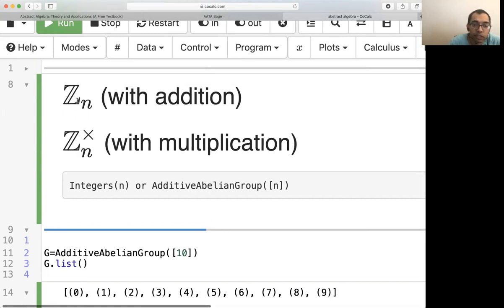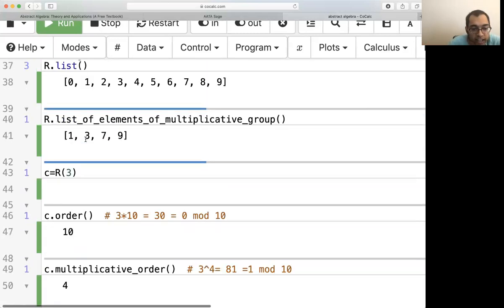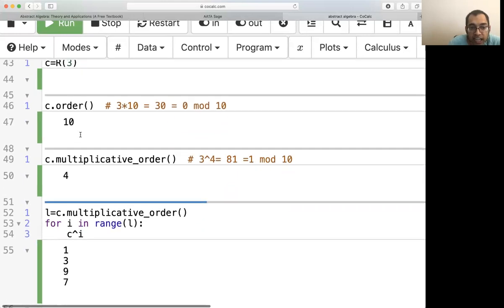This here is a group with addition as the operation. This is the group with multiplication. In the case that n is 10, this group has 10 elements, whereas this group with multiplication has only 4 elements. So they're very different, even though the notation is very similar. And we're going to ask, what is the order of 3? And the order of 3 is 10. That's under the group under addition.